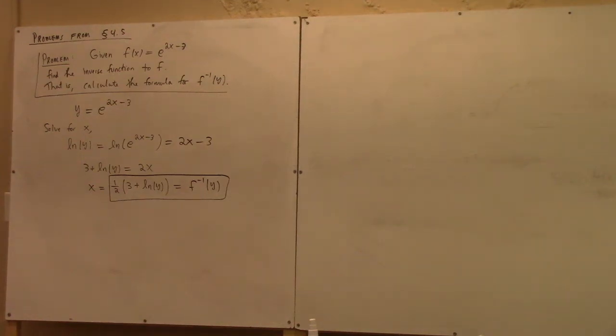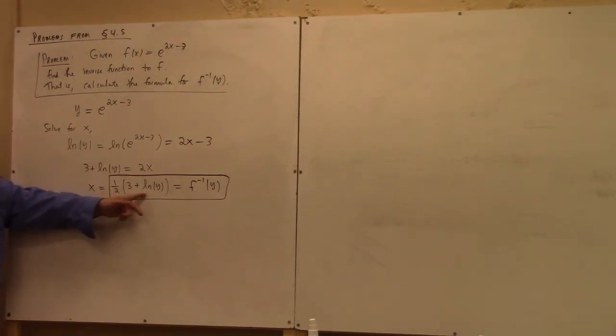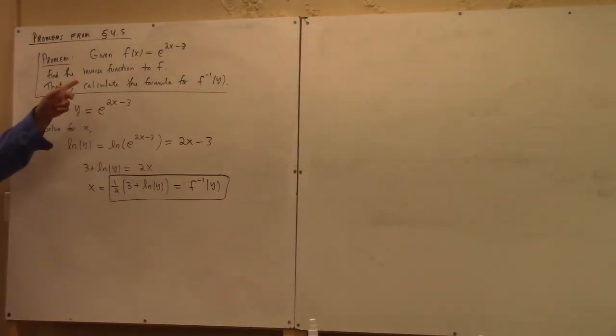Whatever you get, that's the inverse function, if the function is invertible. And you know, exponentials are 1-to-1, and so e to the 2x minus 3 is, well, anyway, we found the inverse. There's a proof that it's invertible. You can try plugging this in. You can try composing this with that function, and you should get back what you started.